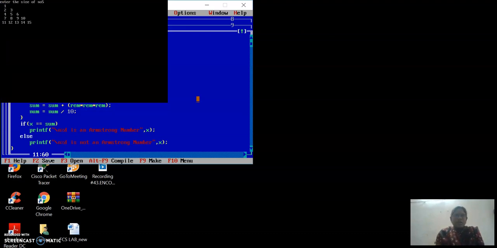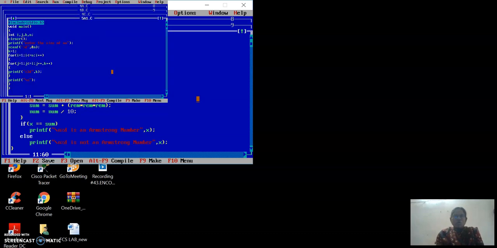Now that was the right angle triangle. The next question is the same pattern, which I have to print in an equilateral triangle. So for that I have to include one more loop for printing the spaces in between. Let me show that one also.